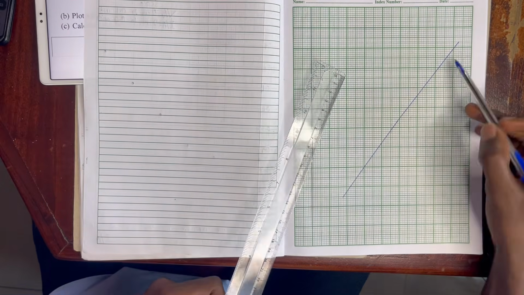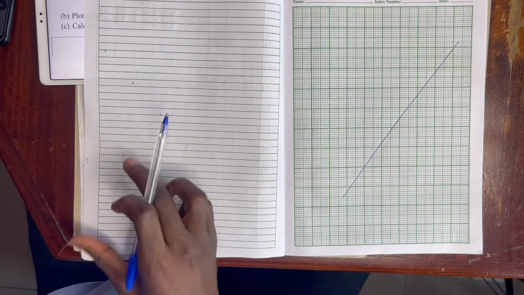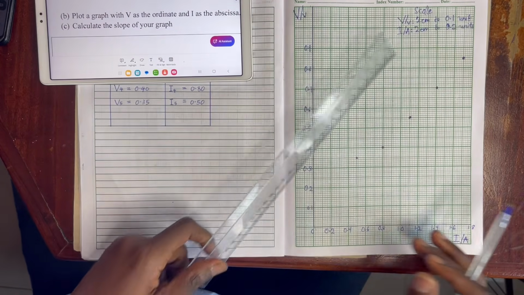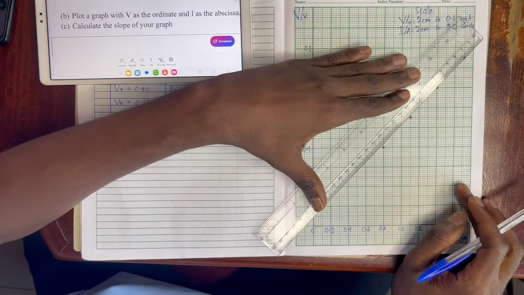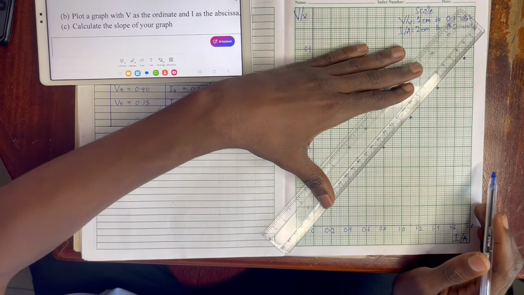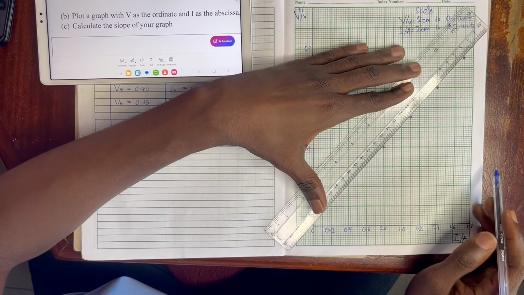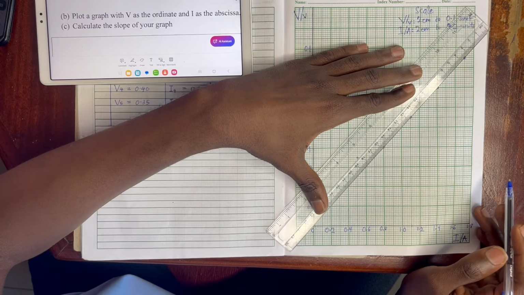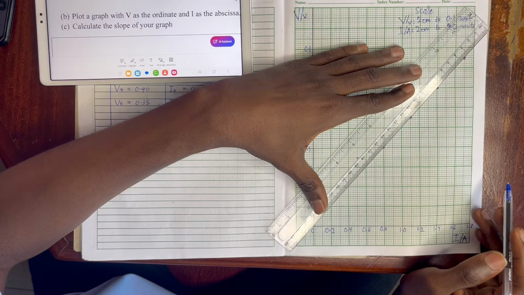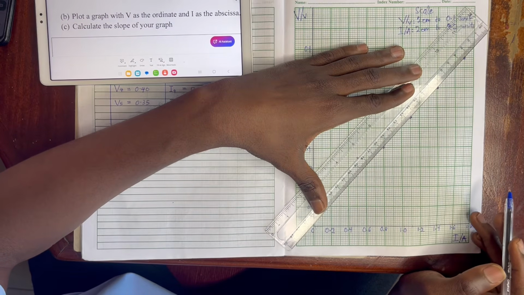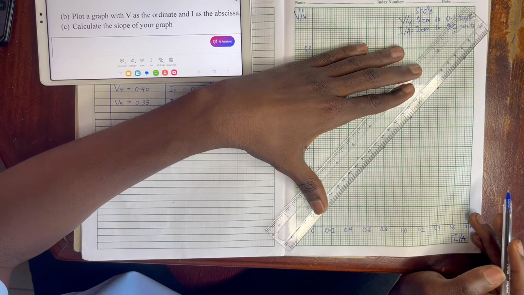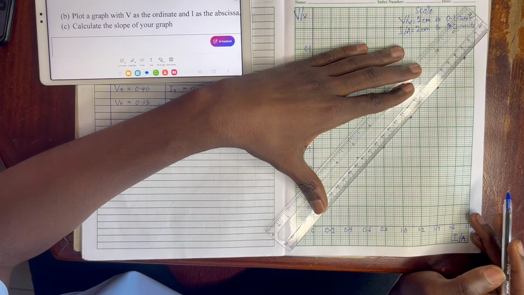Now you realize that it's not a straight line. So you should be convinced enough to get a 30 centimeter rule for your math exams or integrated science final exams. Now it's not compulsory for it to pass through the origin, but if it can pass through, why not? Okay, so it looks like I'm going to have it passing through the origin.